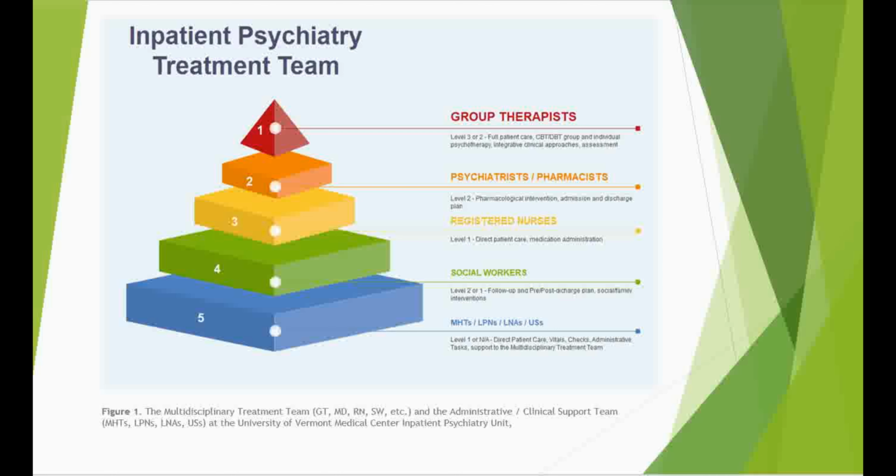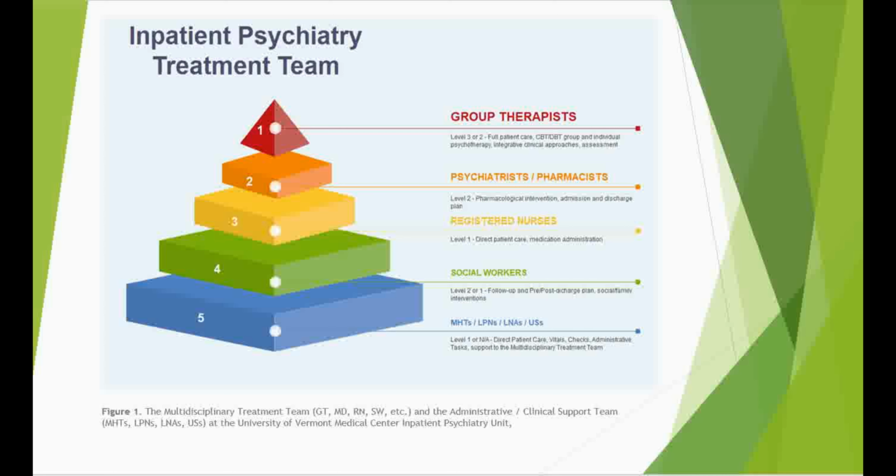So they are certainly involved in the direct patient care as well as medication administration, following the orders of the psychiatrist and the pharmacist. In green, number 4, social workers or case managers, okay, depending on the licensing degree, label, and structure. Okay, level 2 or 1. So again, either bachelor level or master level as a starting degree.